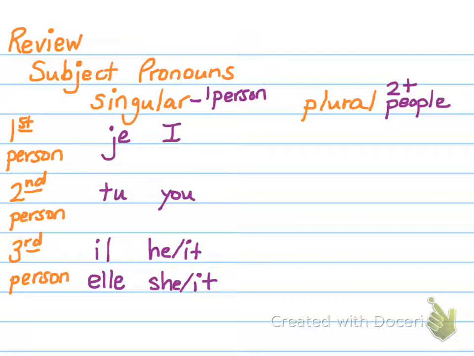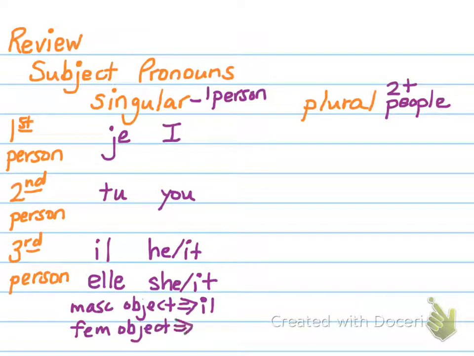If we're replacing a masculine object, then we have to use il to replace it. If we're replacing a feminine object, then we use elle. So for example, if we're talking about une pizza, we would use elle. If we're talking about un soda, we would use il.